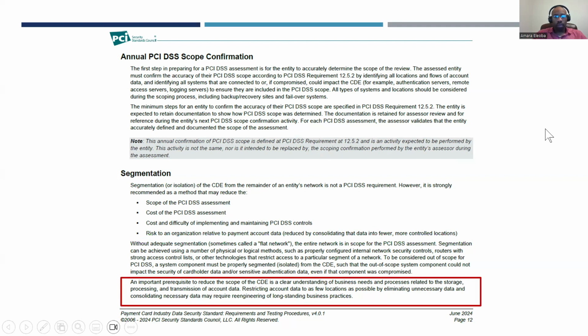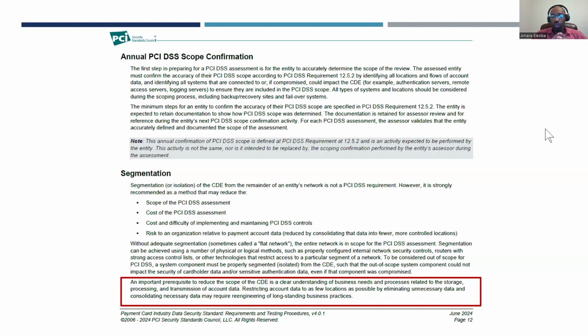It's also important to reduce the scope for PCI DSS. So one is having a clear understanding of the business need and processes. If you do not understand the business needs and their processes when it comes to either storing, transmitting, or processing account data, it's going to be very, very challenging.